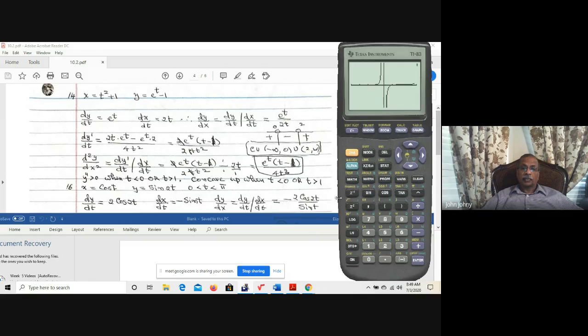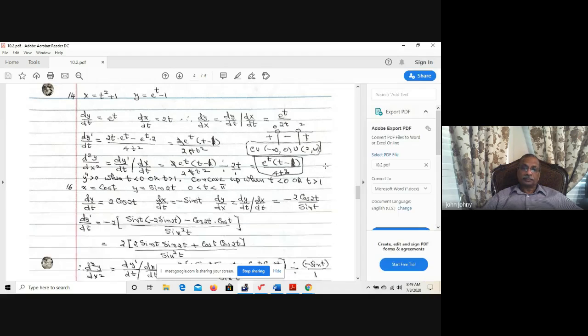We will change the window a little bit to make sure that you can see it. So if it is less than 0, negative, or greater than 1, it is positive. So t is less than 0 or t is greater than 1.